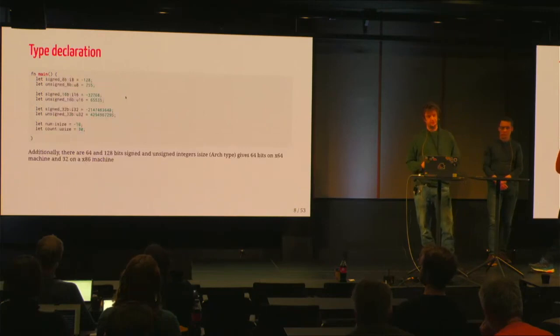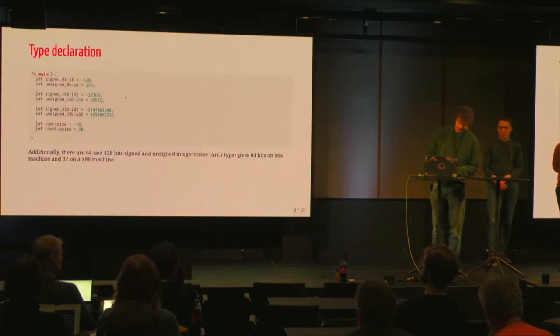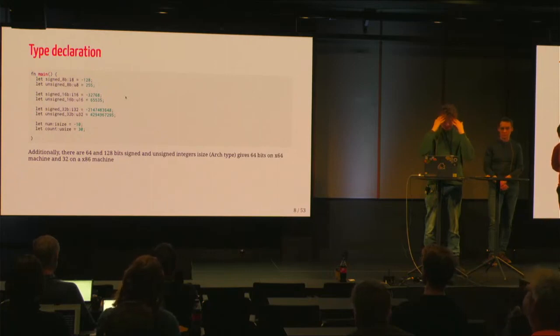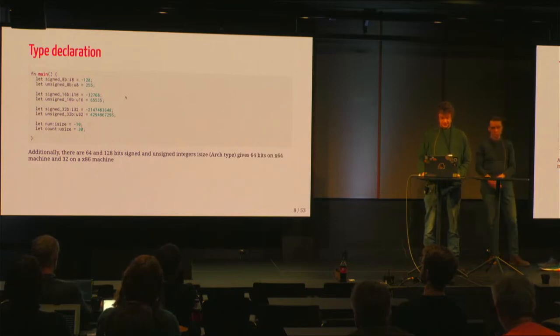But you can also declare the type explicitly. So here are some examples of signed and unsigned integers. We have 8 bits, 16 bits, 32 bits, up to 128 bits, signed and unsigned integers.